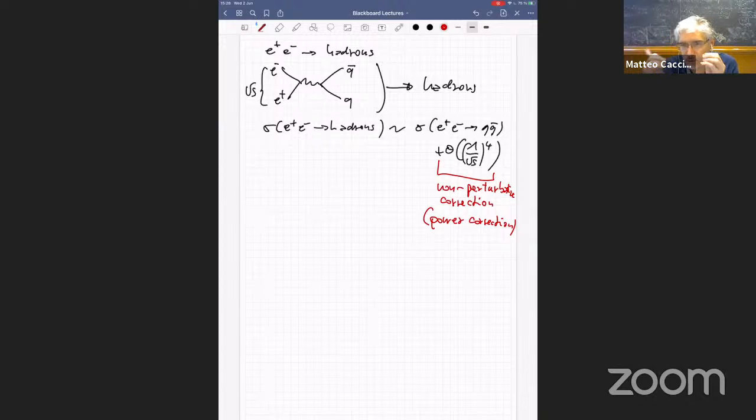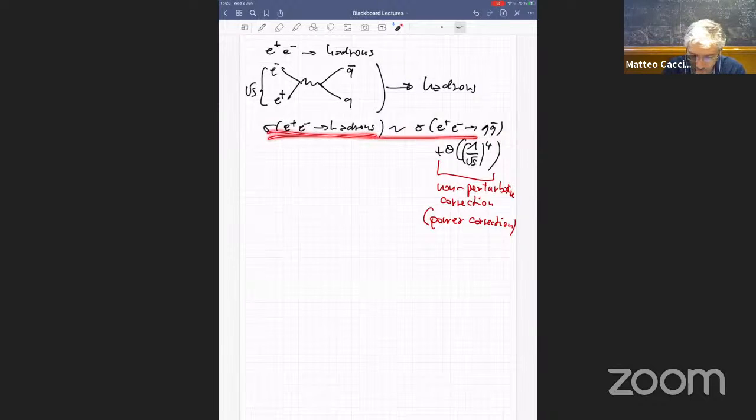And therefore, since you're not going to look at details, you are not so much interested in the details of this hadronization process that takes place here. And so calculating just the perturbative part gives you already a pretty good prediction of this process.